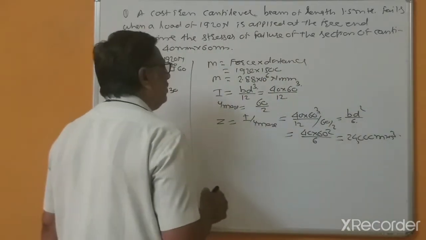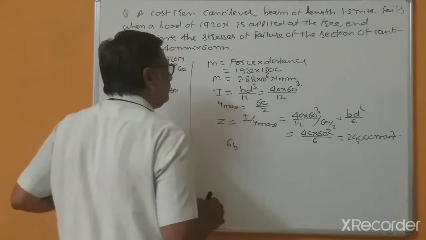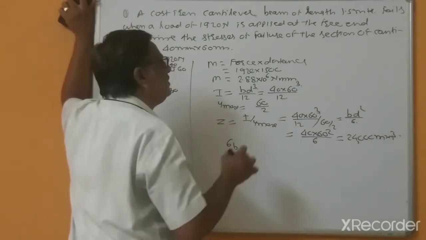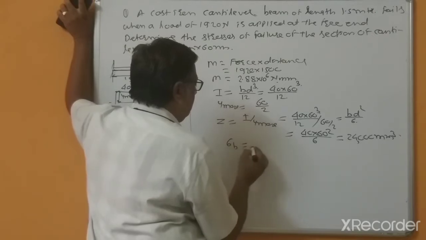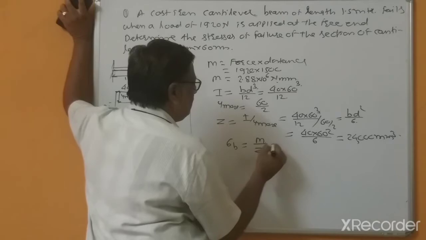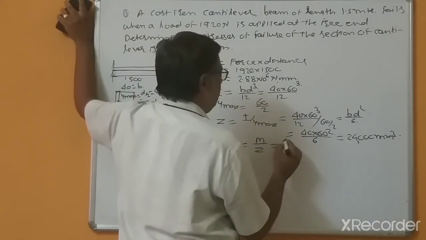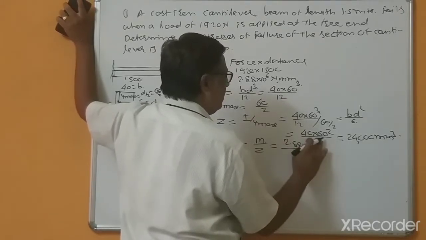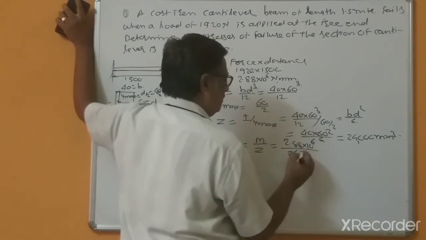Now the bending stress equals M divided by Z. This is Newton mm and this is mm cubed, so it equals 2.88 into 10 to the power 6 divided by 24,000.